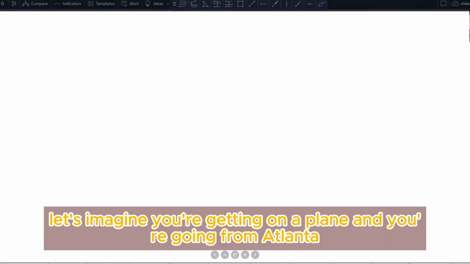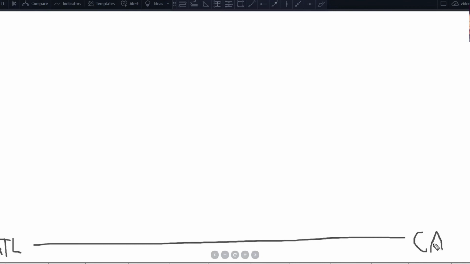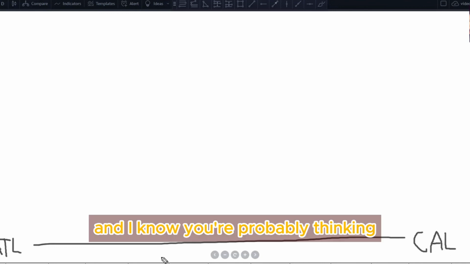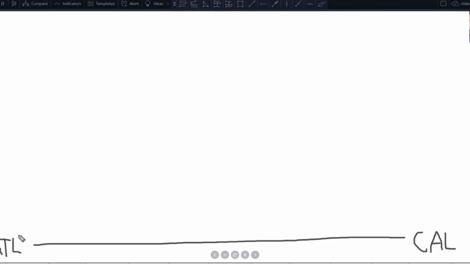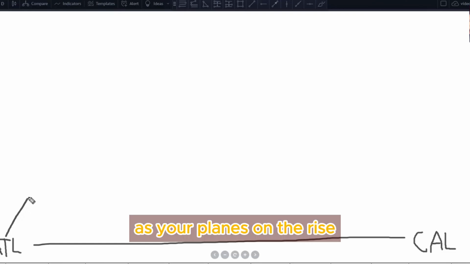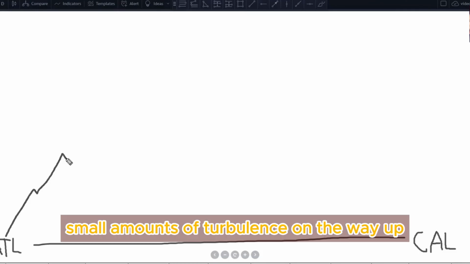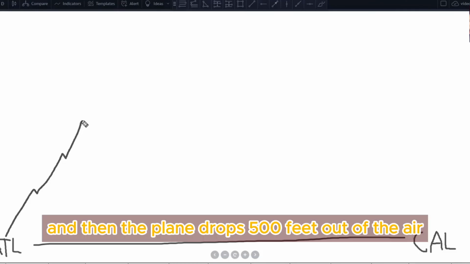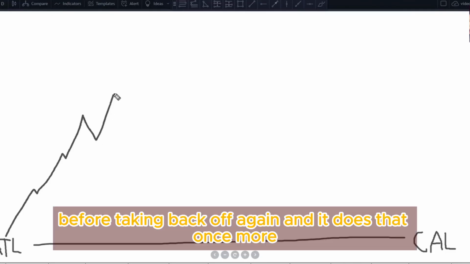Let's imagine you're getting on a plane, going from Atlanta, Georgia, all the way to California. I know you're probably thinking, what does this have to do with structure? But I promise it's going to make sense in just a moment. Let's say you start to take off here in Atlanta. As your plane is on the rise, you hit small amounts of turbulence on the way up, and then the plane drops 500 feet out of the air before taking back off again.